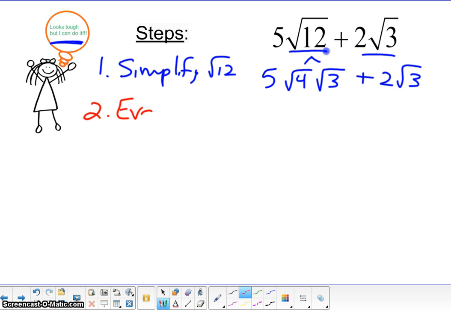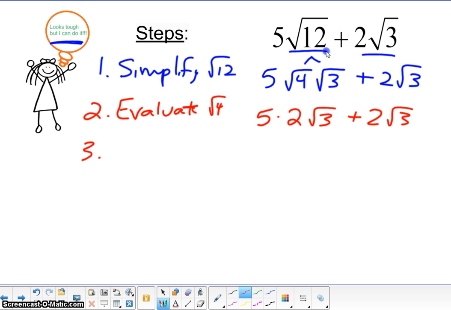We're going to evaluate radical 4 because that is a perfect square. It'd be 2 times that 5 from the beginning, square root of 3 plus 2 radical 3. The third step here is going to be to multiply the 5 times 2.